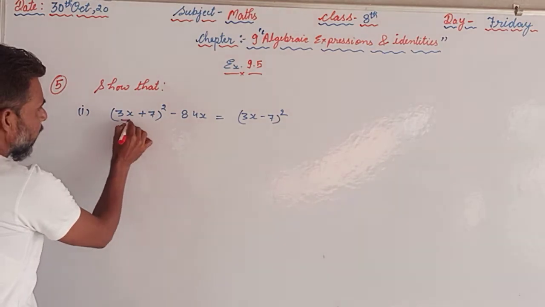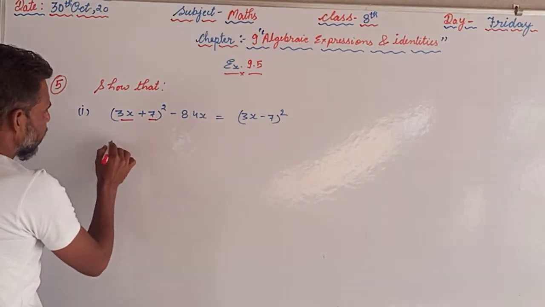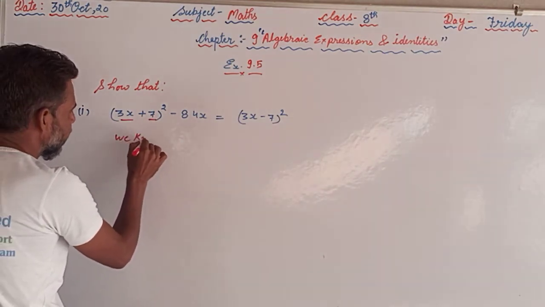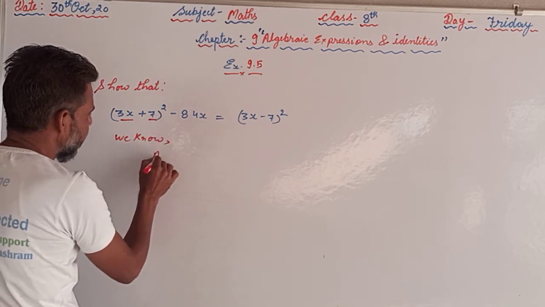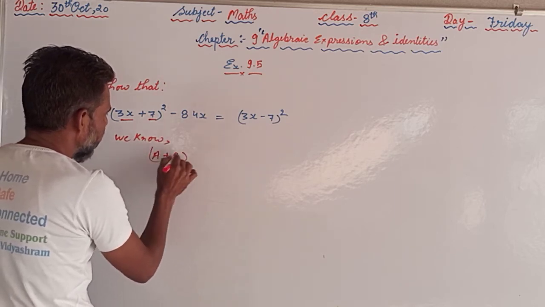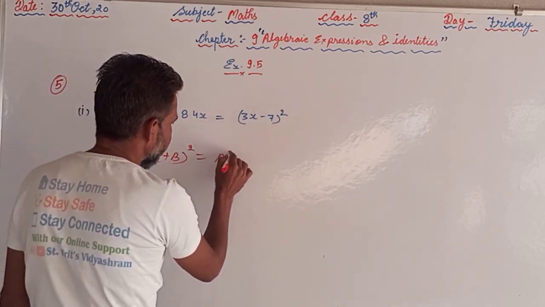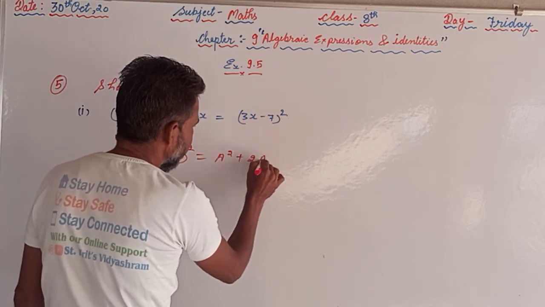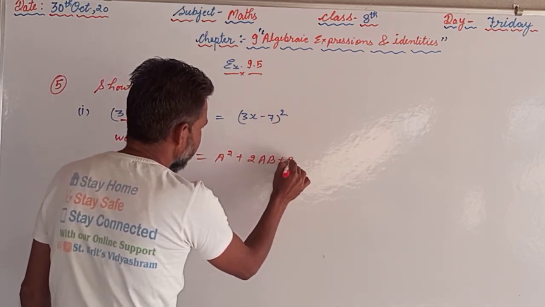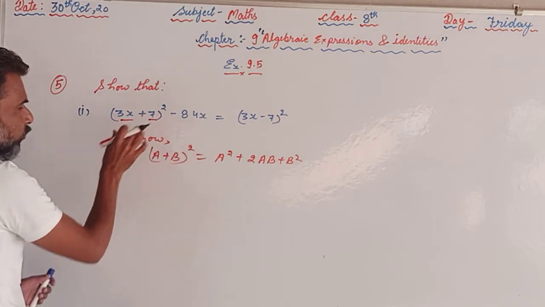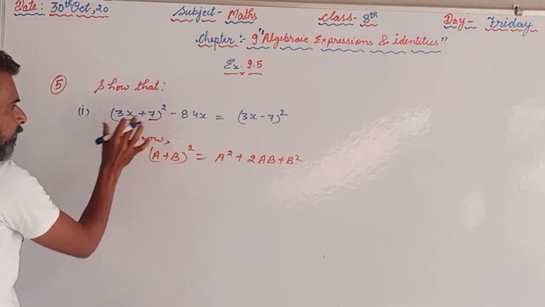So, here a plus b. We know the identity, which identity, that is (a + b) whole square, that is a square plus 2ab plus b square. That identity we are supposed to use here to expand that bracket.